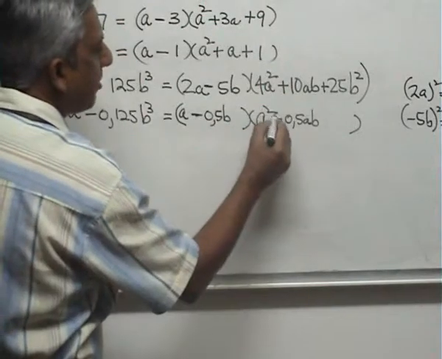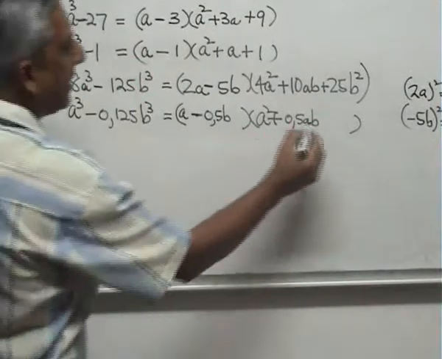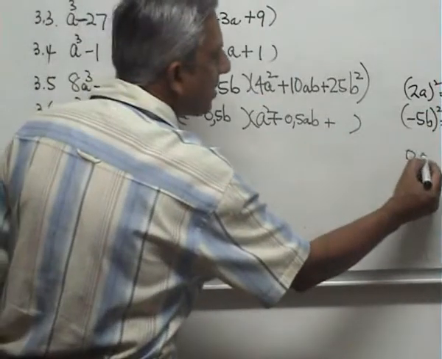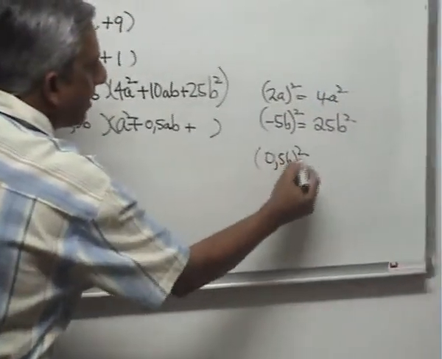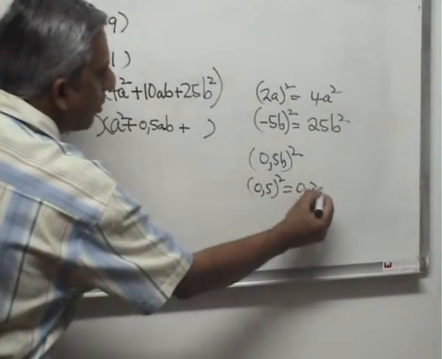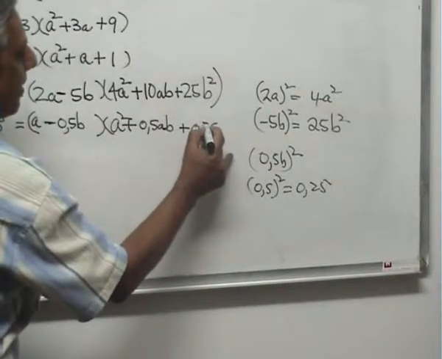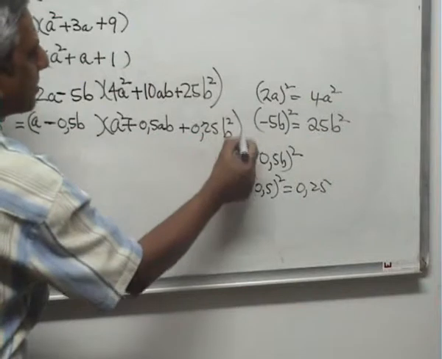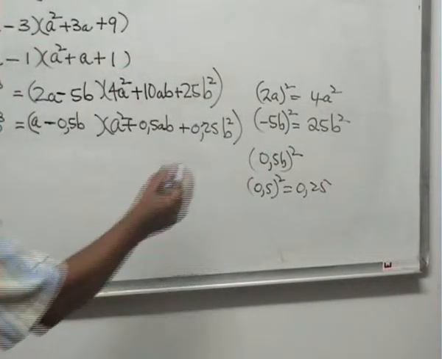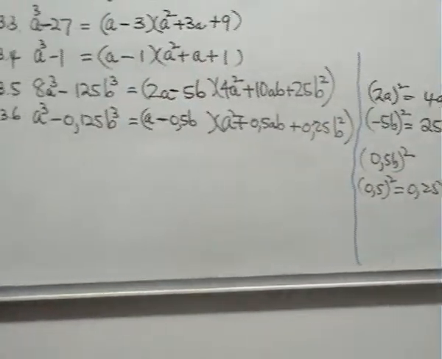This is minus, that will be plus. And then square 0,5b. So you're squaring 0,5b. If you want to square 0,5, use your calculator and it will give you 0,25. So this is 0,25b squared. Right? So remember that on the other side is just my rough work. Okay, that's 3.6.